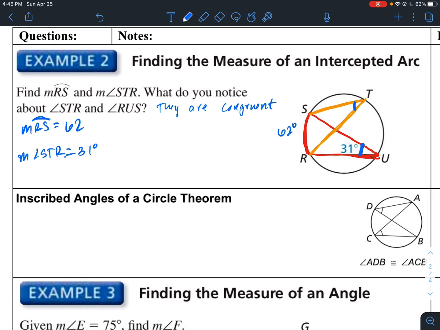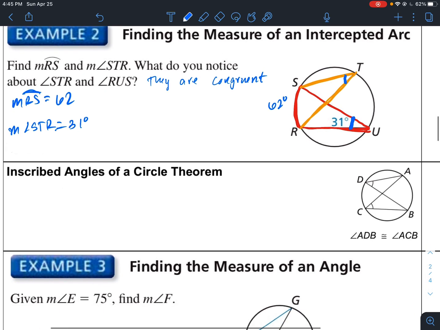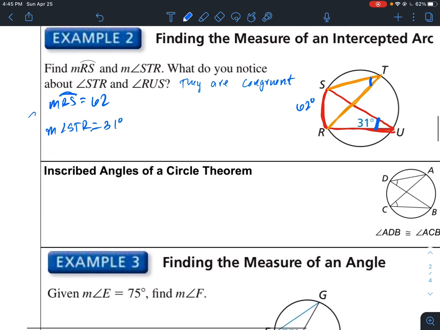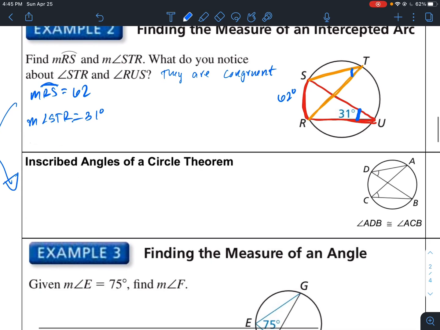They are congruent. This follows directly into this theorem right here, the inscribed angles of a circle theorem.